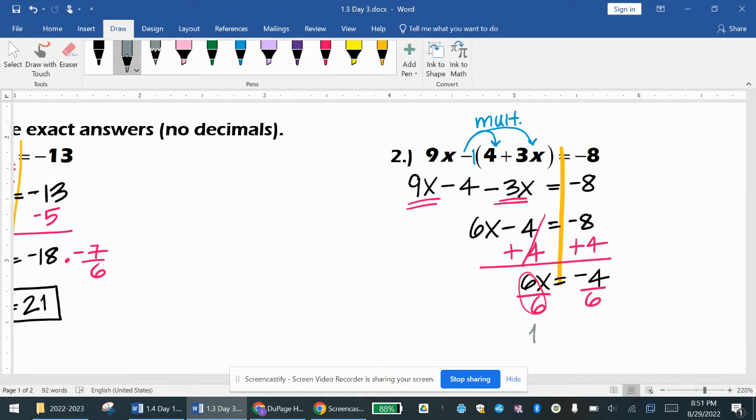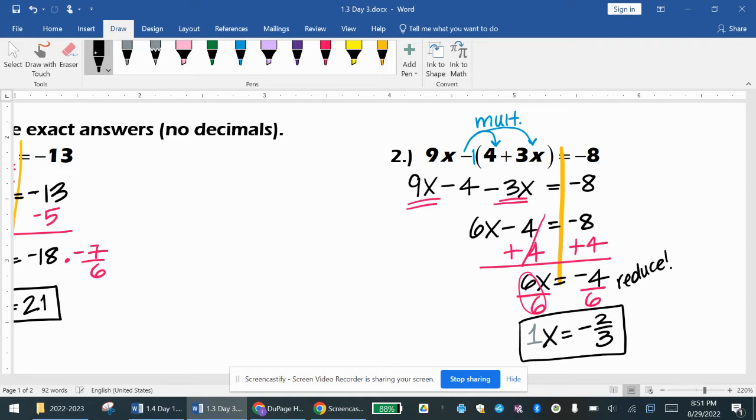Remember, that's what your final coefficient should always be, +1. -4 over 6 is not a perfect answer, so you want to reduce it by 2, and that'll give you -2/3. Okay, so again, you should be either doing this in your head or on your calculator just to make sure that you know how to put it in the calculator and get the answer.